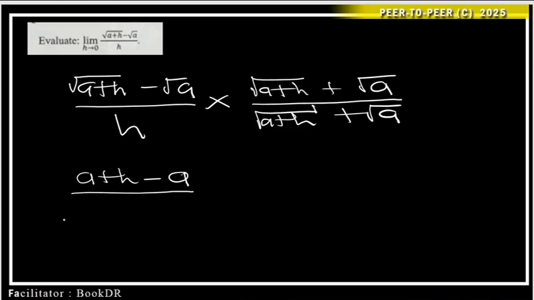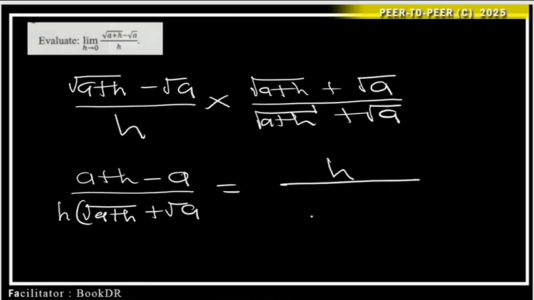Multiplying the denominators, we just write the expression as h in bracket, square root of a plus h plus square root of a. Simplifying the numerator, the a will take care of the other a, and this reduces the numerator to just h.